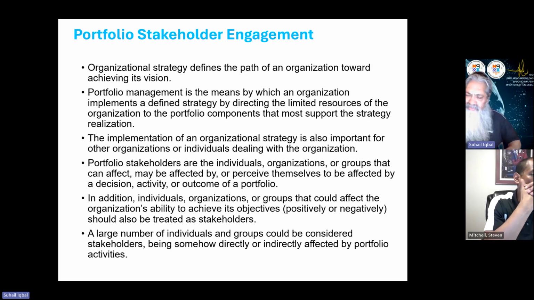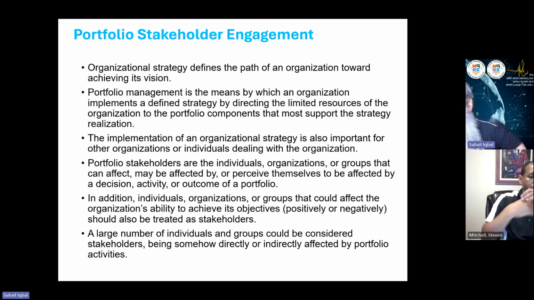And anyone who can be affected by my portfolio? Even my components will be affected by that. My program managers, my project managers and their teams and all of these people are my stakeholders. People within my organization are my stakeholders. People outside of my organization are my stakeholders, and a lot of people.